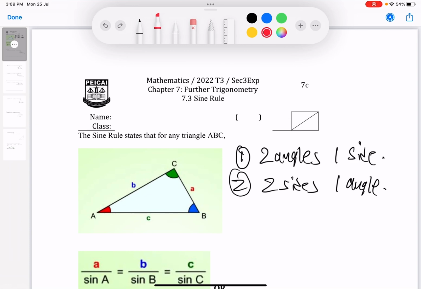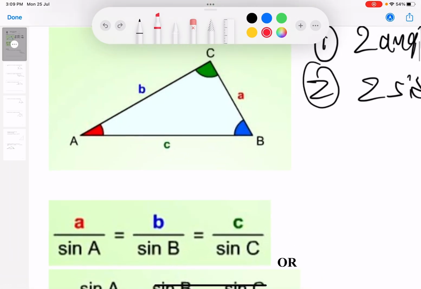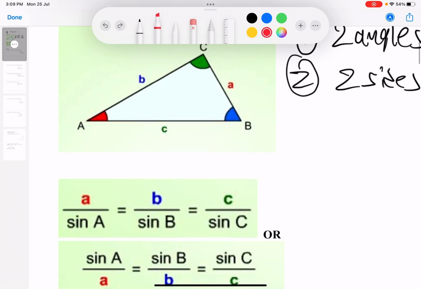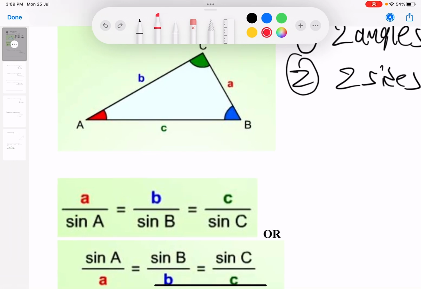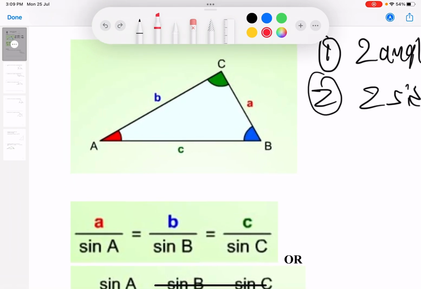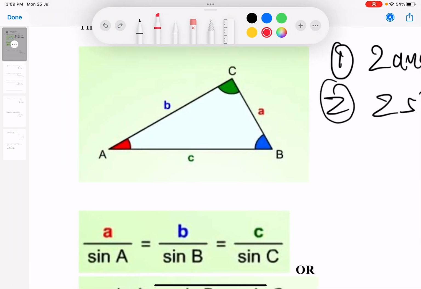Now that we got that out of the way, we can focus on how to use this sine rule. What the sine rule tells us is that we always look at the opposite. The ratio of the opposite sides are always equal. What do I mean?